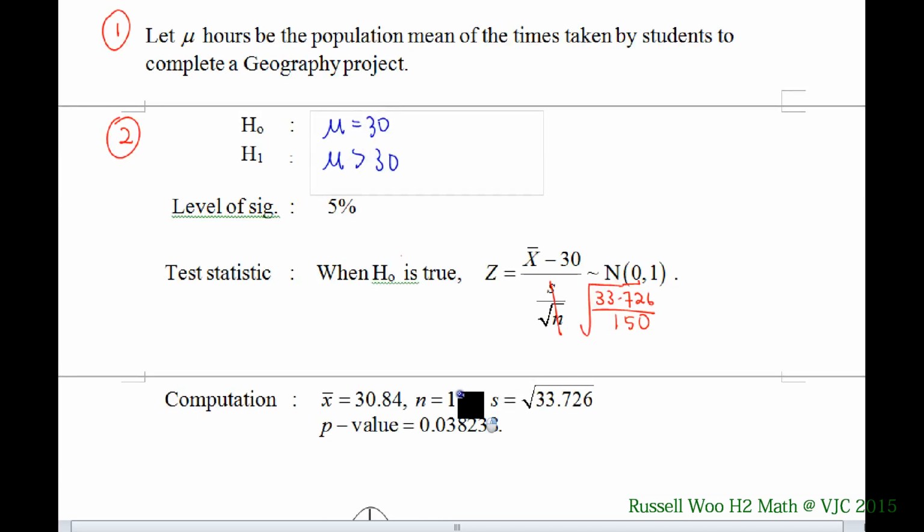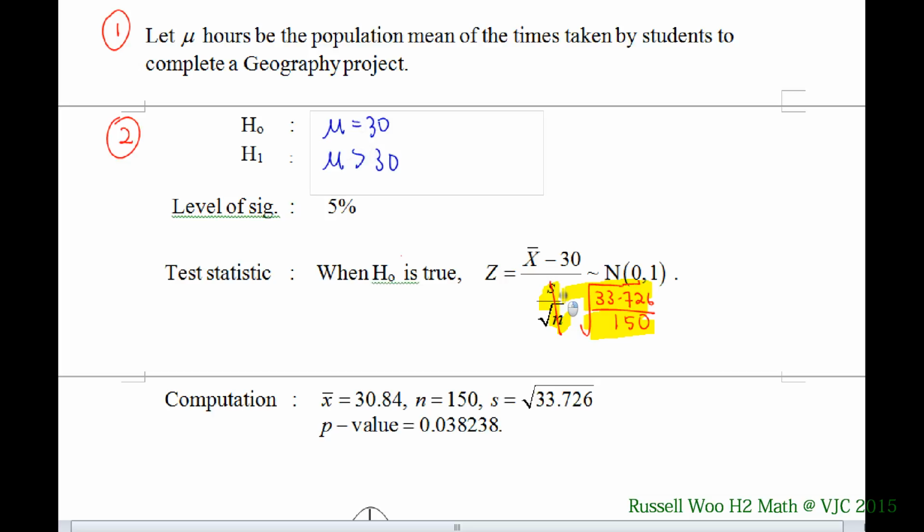Level of significance 5%. Okay, again, when H0 is true, I would suggest that we just dump the values in. This is the case we talk about. The population variance is unknown.